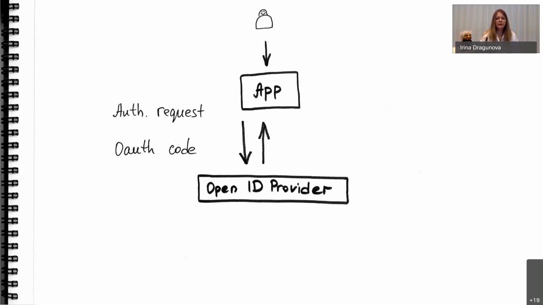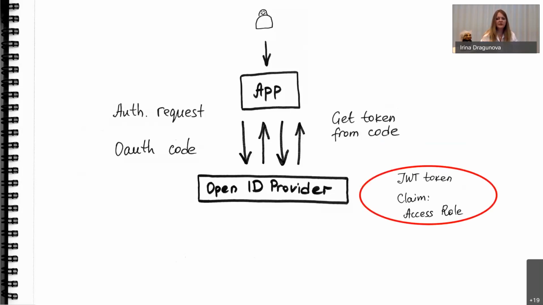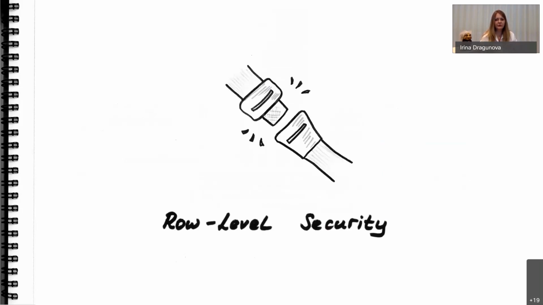Then a one-time use code is passed back to the web server, and the web server passes the code and user credentials to the OpenID provider's token endpoint. The OpenID provider validates the code and returns a token. Nothing new here, but this token has our custom claim, which we call access role, and it is used to ensure security of our application.